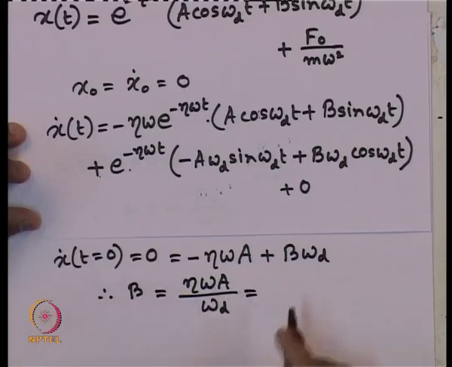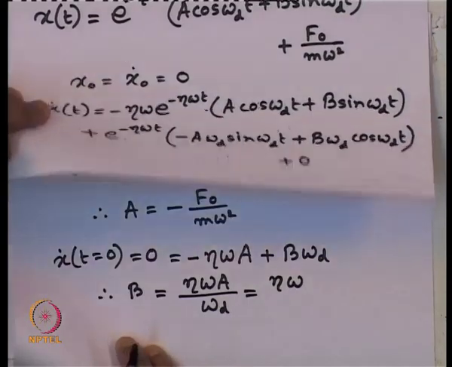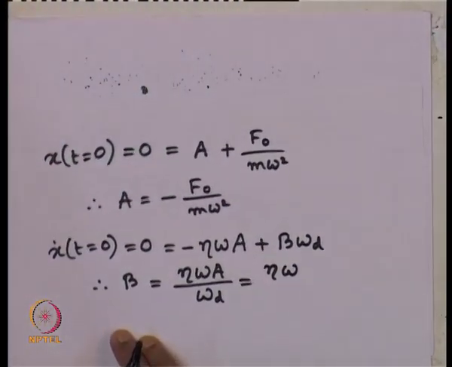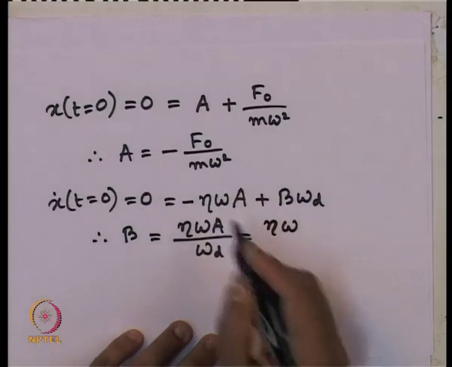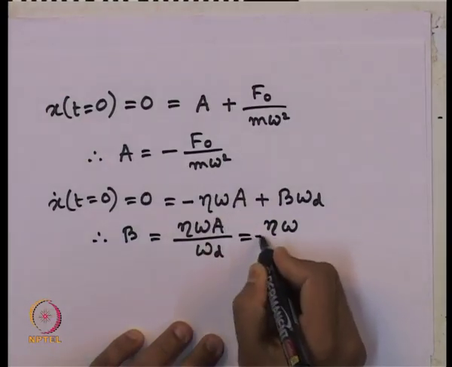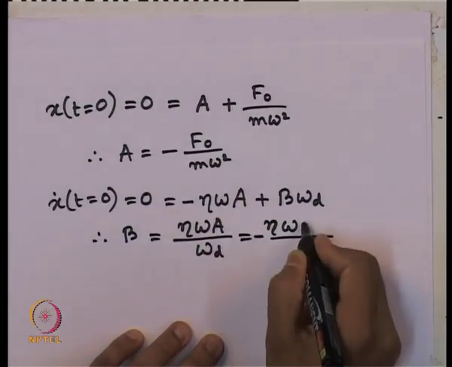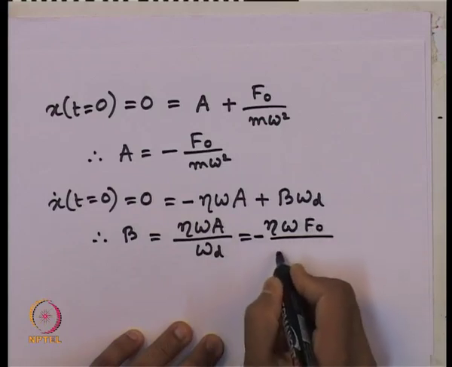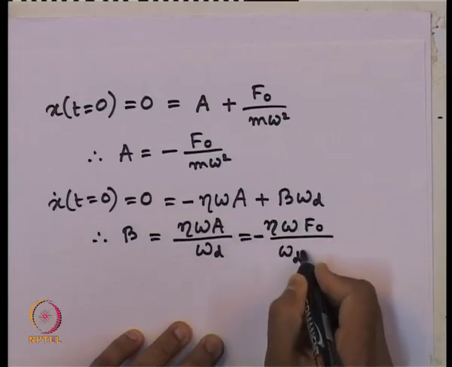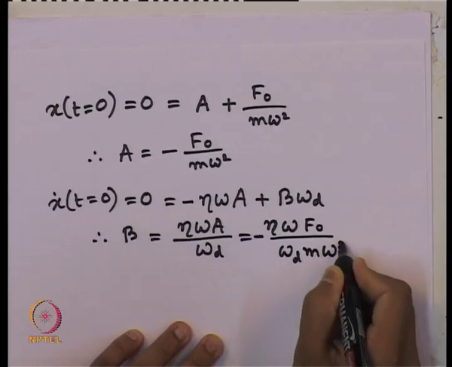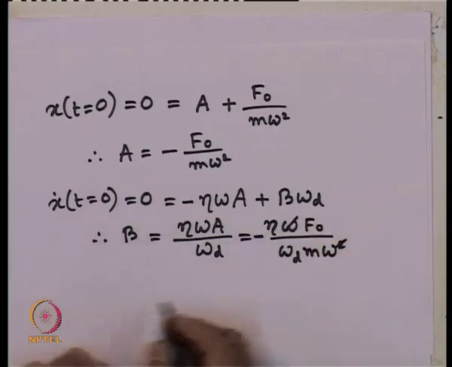Now, how much is A? Eta omega A is minus f naught by m omega square. So, let us put minus here, f naught by omega d m omega square. So, this gets cancelled.